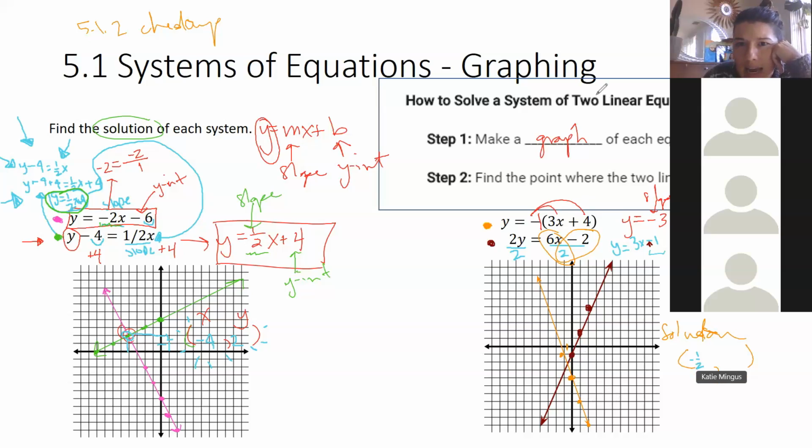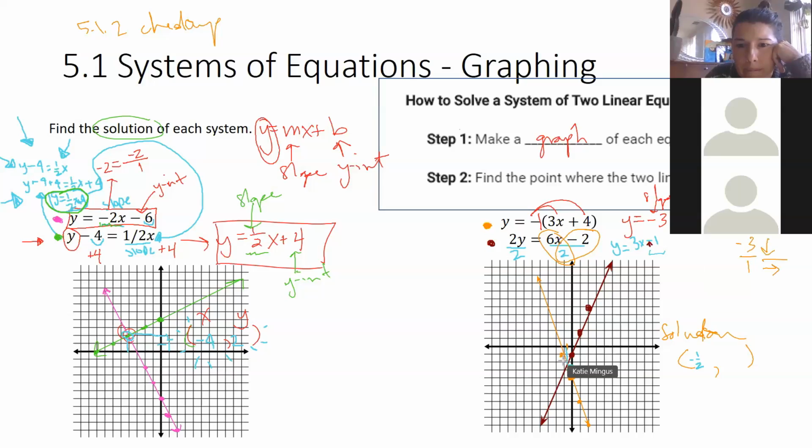That looks like it is at -1/2. Okay, and then, oh, I like how you drew that in. And then the y, it looks like it's down at, does that look like 2.5 to you? Yeah. All right.